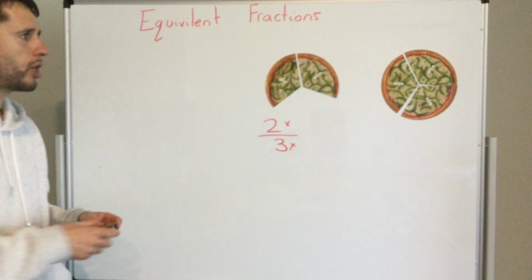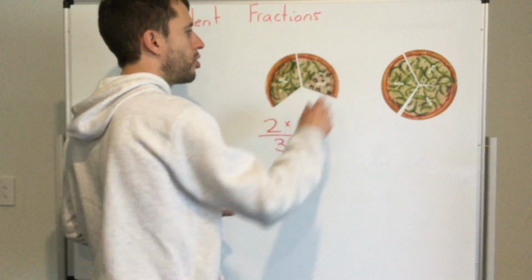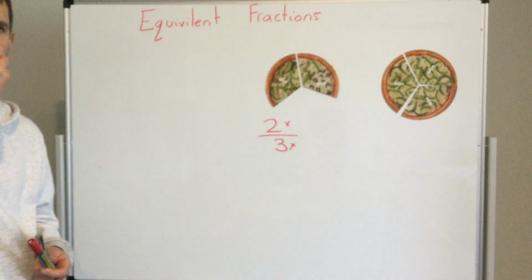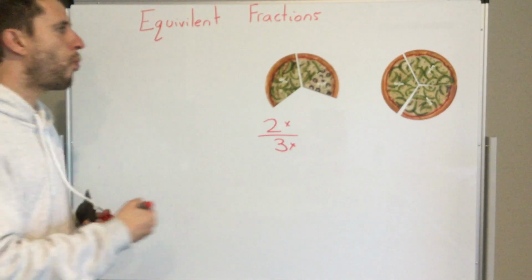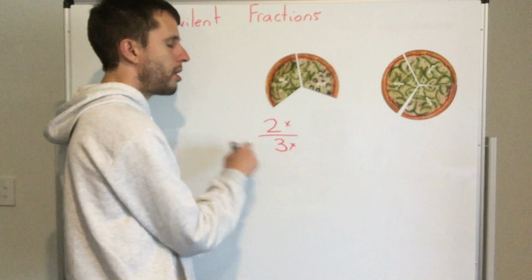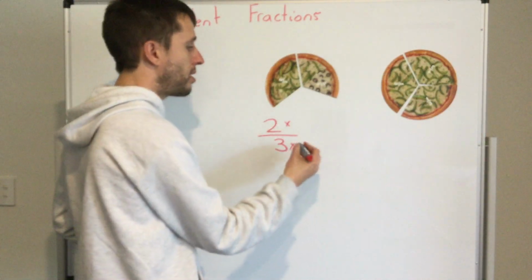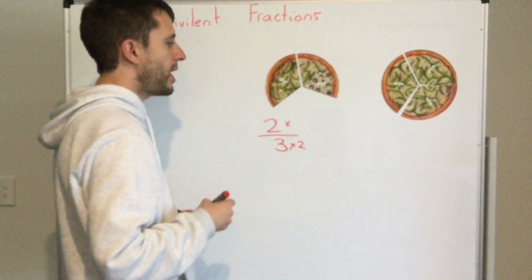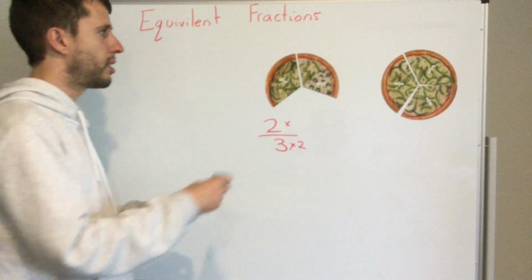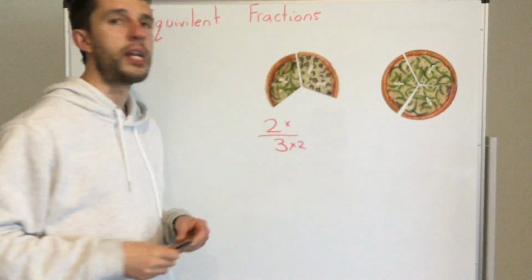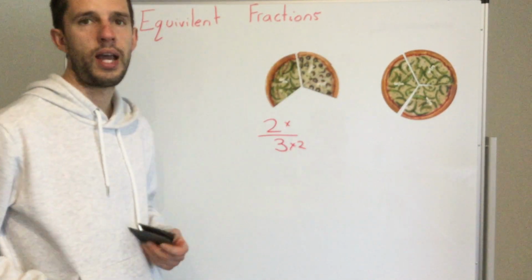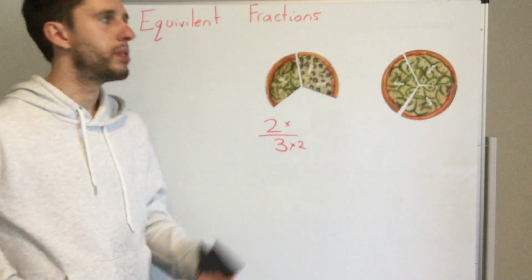I want to change it and cut it into 6. Because of that, what am I timesing the denominator by? I'm timesing it by 2, because each of my pieces are going to fit 2 pieces on it. And that's why I'm timesing it by 2.